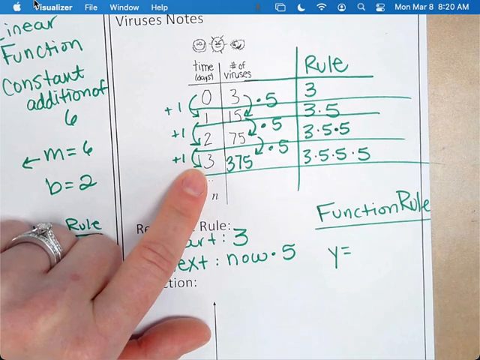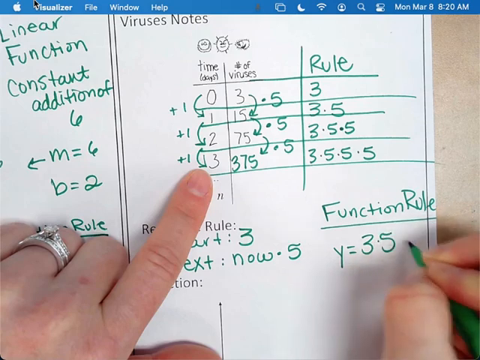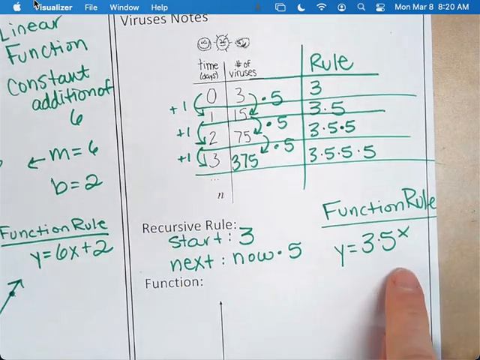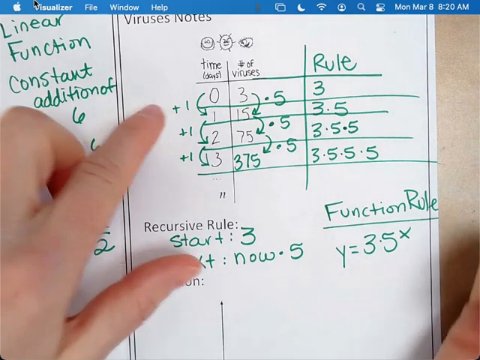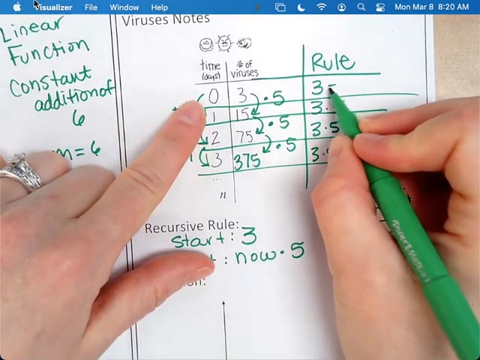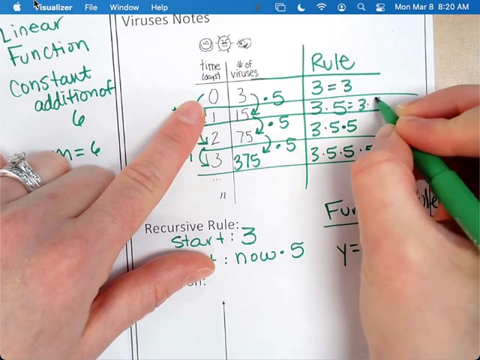Would it be 3 times 5 to the x power? Yes. 3 times 5 to the x power. Because you're multiplying 5 each time. So there was multiplying by 5 before it. And then you have to keep on multiplying times 5 however many times. So this was just 3 by itself. This was 3 times 5.